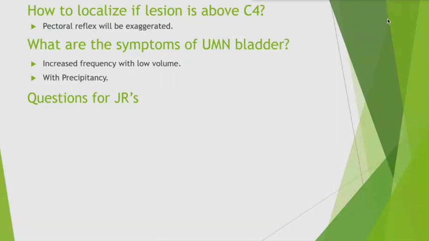Usually shock is defined as mean arterial pressure less than 65. How do you calculate mean arterial pressure? Systolic BP plus 2 times diastolic BP, whole divided by 3. Or diastolic BP plus one third of pulse pressure.